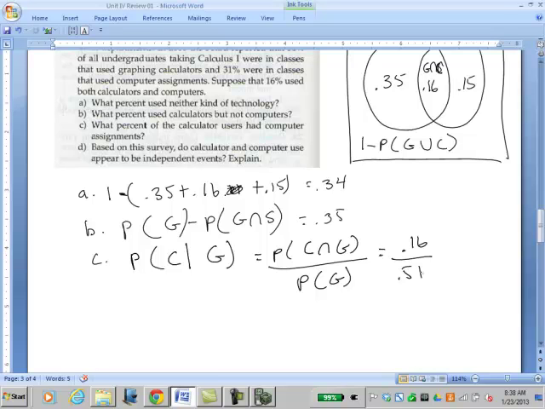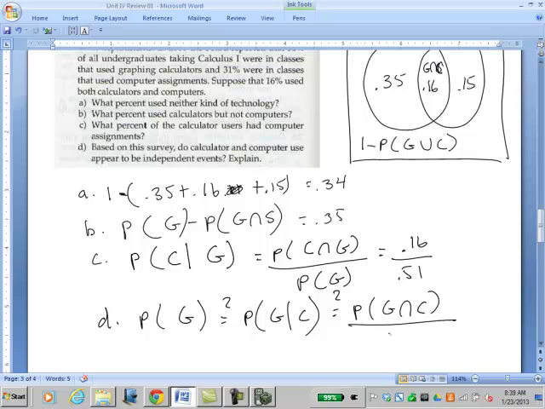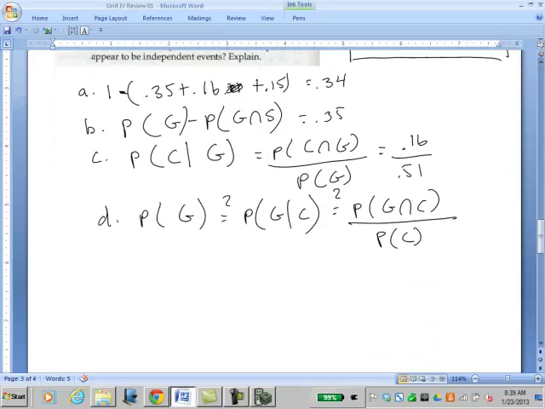Okay. D. Based on the survey, the calculator and computer usage appear to be independent. Does the probability of having a graphing calculator equal the probability that you have a graphing calculator given that you have a computer assignment? In other words, does the probability of G and C divided by the probability of C equal the probability of G? Let's figure that out. The probability of using a graphing calculator is 0.51.